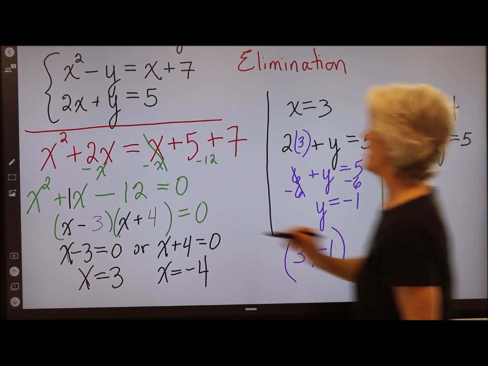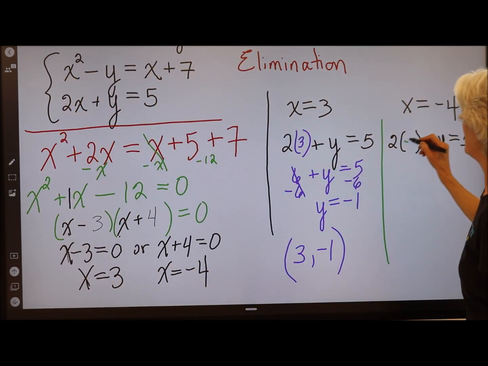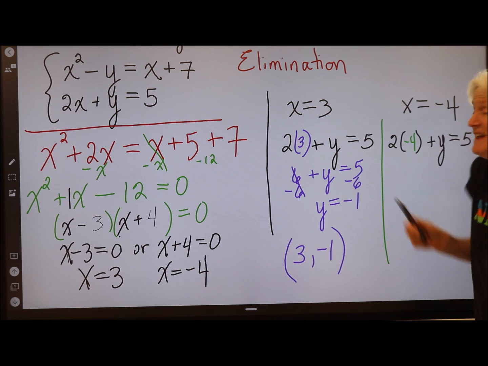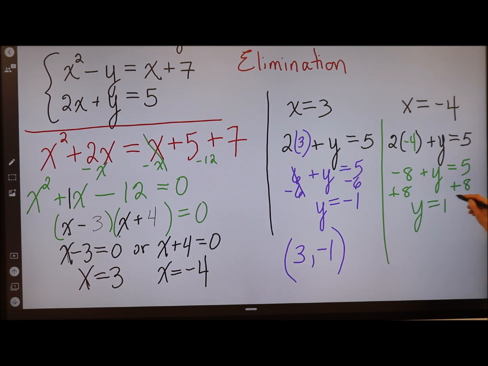So now I'm going to sub in negative 4 for that x, and see what y goes with that x. So I have negative 8 plus y equals 5. To get y by itself, I'm going to add 8 to both sides, so I get y equals 13, and that's the y that goes with that x.